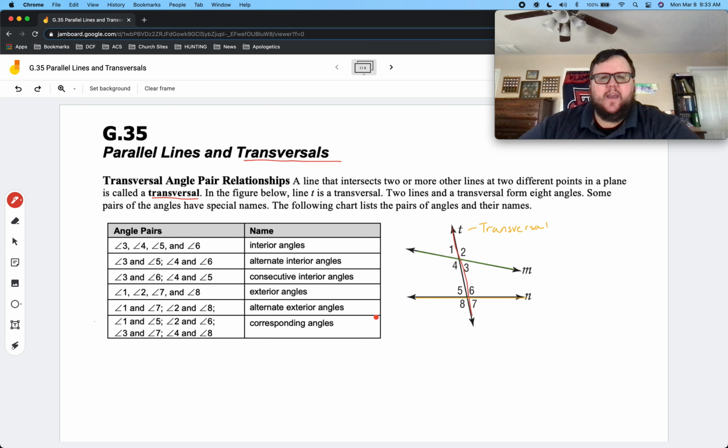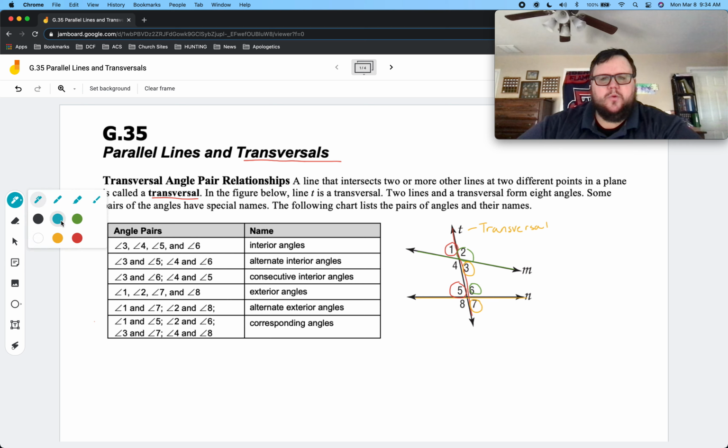And then lastly, we have corresponding angles. So this really works when we have two parallel lines. You can see it so much better. But what it's going to say is angle 1 corresponds with angle 5. Angle 2 corresponds with angle 6. Angle 3 corresponds with angle 7.